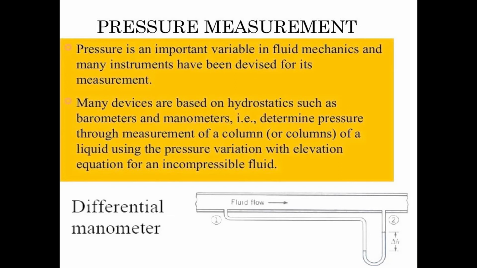So here is a diagram or illustration of a differential manometer. In a differential manometer, the tube is tapped into the pipe so that we can determine the change in pressure.